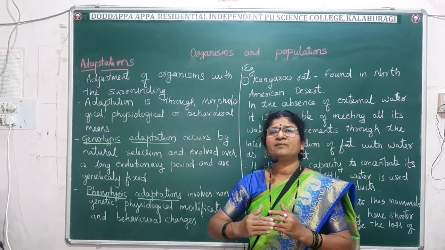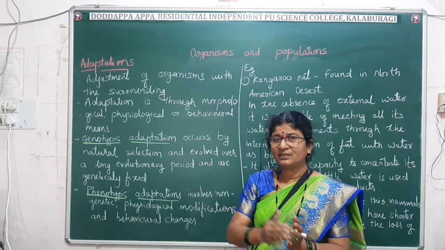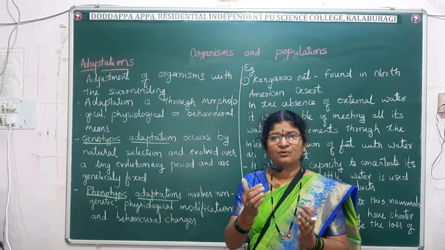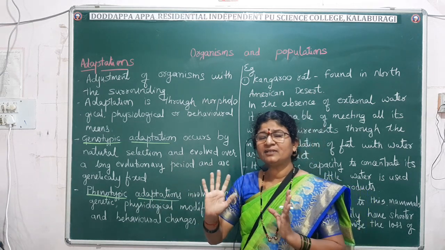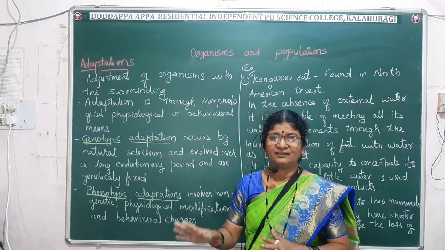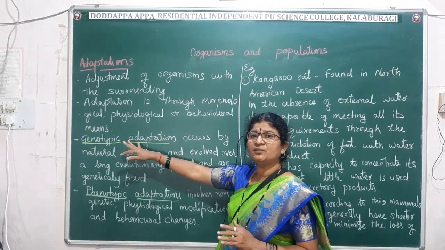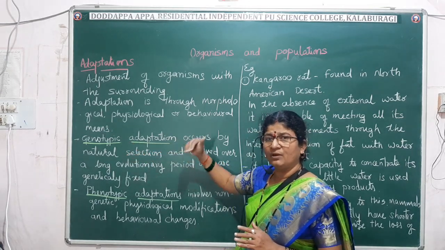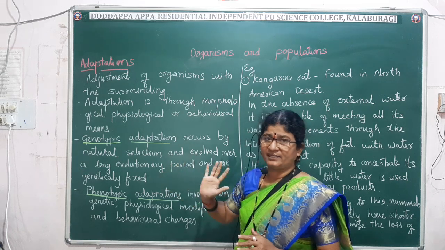Nature goes on selecting the organisms for reproduction and survival, and those characters go on accumulating in the organism, and then finally get fixed genetically in the organism's body. That is how genotypic adaptations occur and get inherited generation after generation.